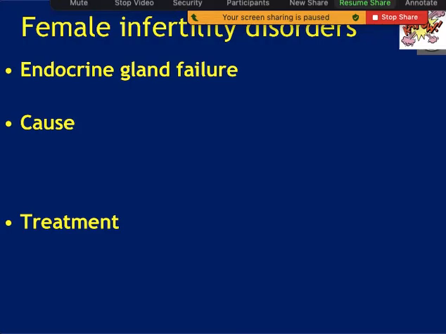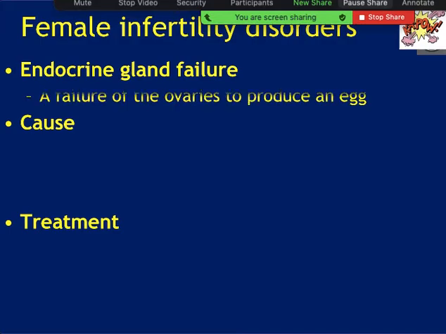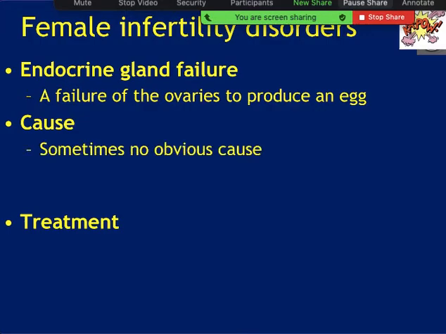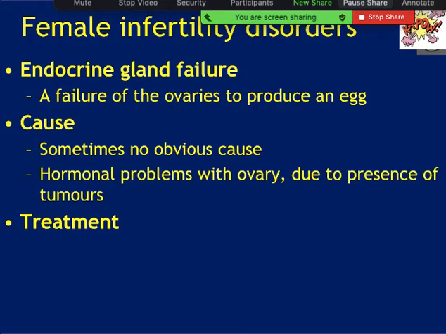Okay, so the last thing that we're going to do today is we've had male infertility, which is the low sperm count. So the female infertility that we're going to use is what's called endocrine gland failure. So this is when you'd have hormone issues within the ovary. Sometimes there isn't an obvious cause, but it can be caused by the presence of tumours.